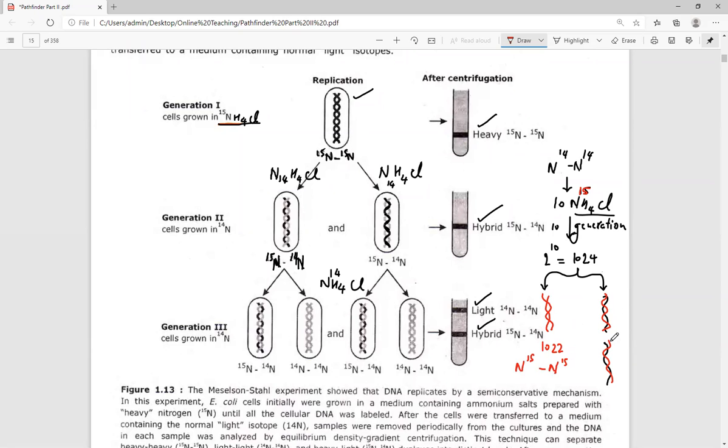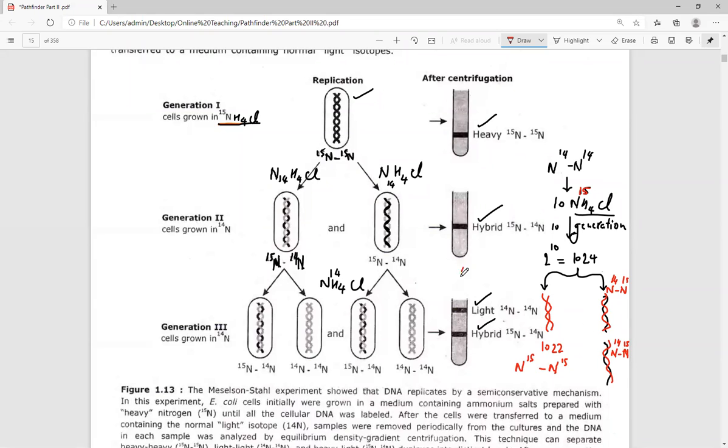There would be two DNA molecules of N14 and N15 type. केवल दो ही डीएनए मॉलिक्यूल ऐसे होंगे जो हाइब्रिड डीएनए मॉलिक्यूल होंगे, जो N14, N15 टाइप होंगे, and others will be N15, N15 types.